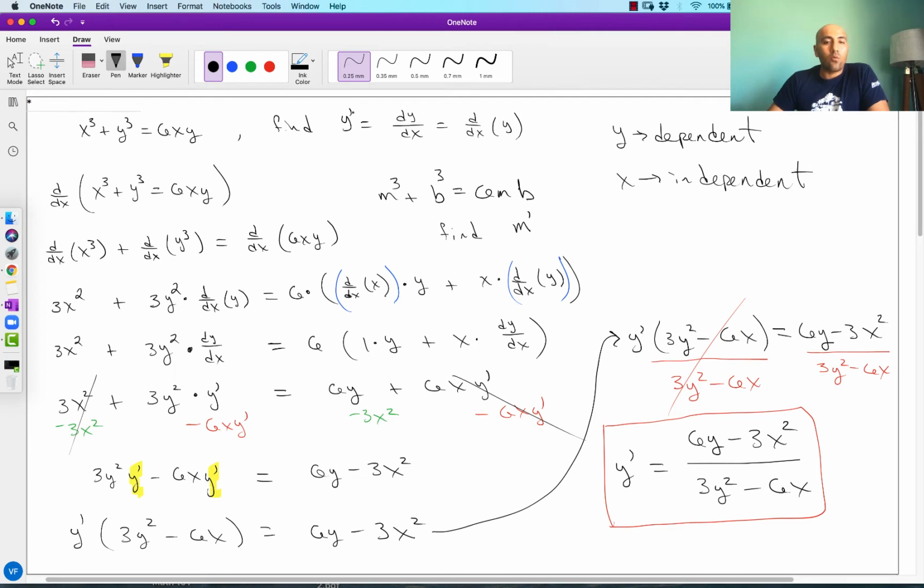When they ask you to find y prime, the variable of differentiation is the x. If they ask you to find m prime, and this is what they gave you, then we're taking the derivative with respect to b. So as we go through, this will be a normal derivative because it's with respect to b, but we'll end up with our implicit derivatives when we take the derivative of m cubed with respect to b. Okay, all right, we'll do an example like that next.